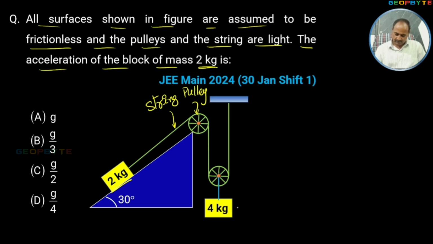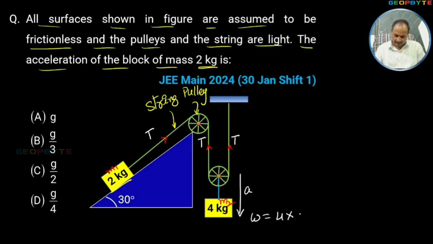For that, let us take the 4 kg block. Let these be the masses m1, m2. This m2, that is 4 kg, is moving on both sides of the same string. As long as the string remains the same, the tension remains the same. That tension is T, T, T. Assume this weight is moving down with acceleration A. Then what is the weight?